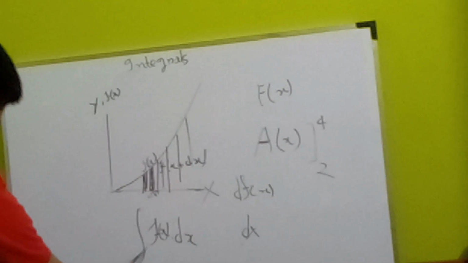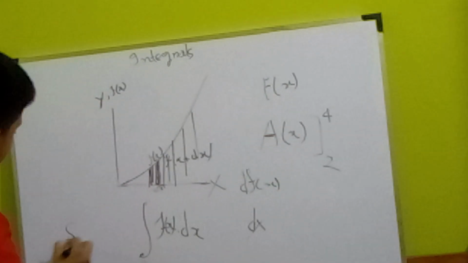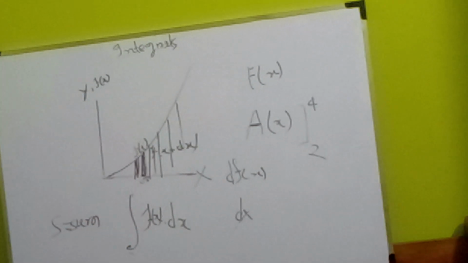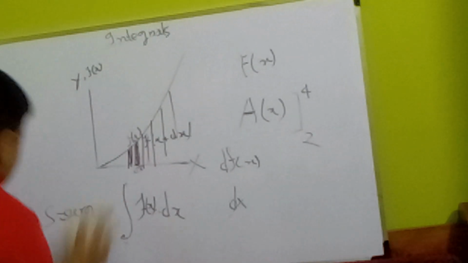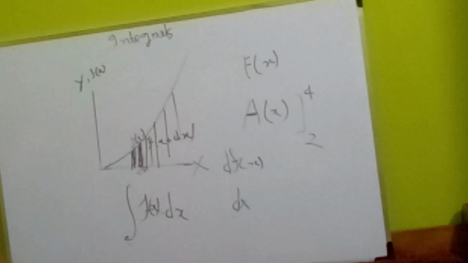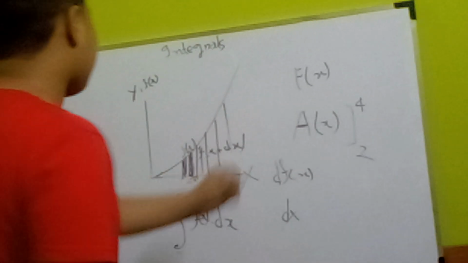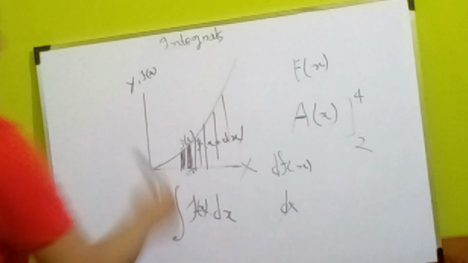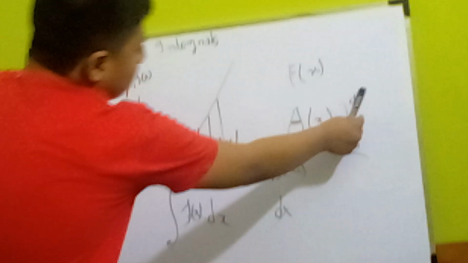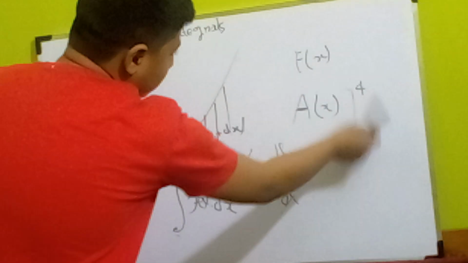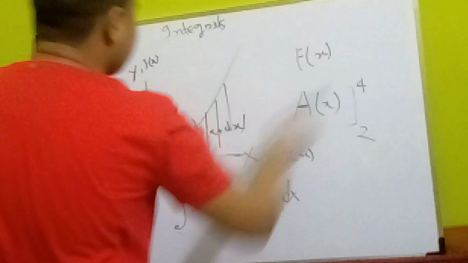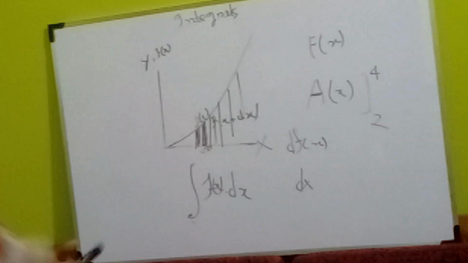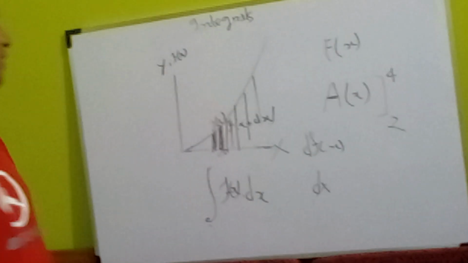This curly S thing just means S, and S represents sum. What we're basically doing is summing up all those little areas, and this little area is just a function, and we want this function defined over a particular interval, like here from 2 to 4. Now that's the basic concept of integration.